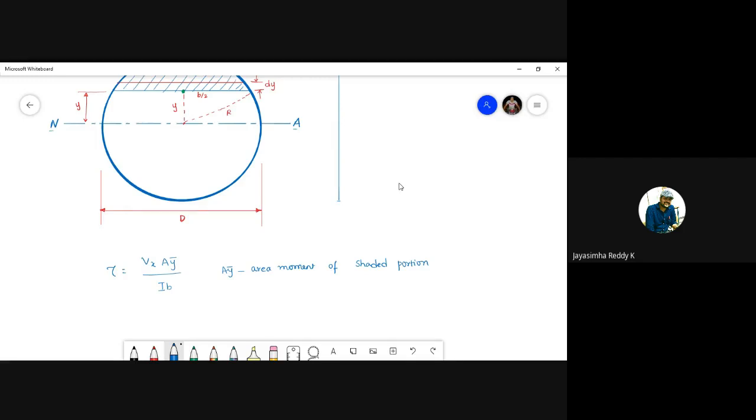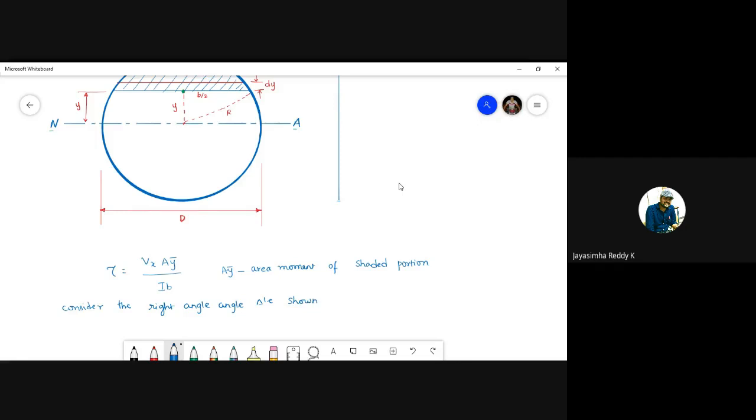Now let us consider the right angle triangle shown in dashed lines. I have represented some dashed lines in the figure, students.